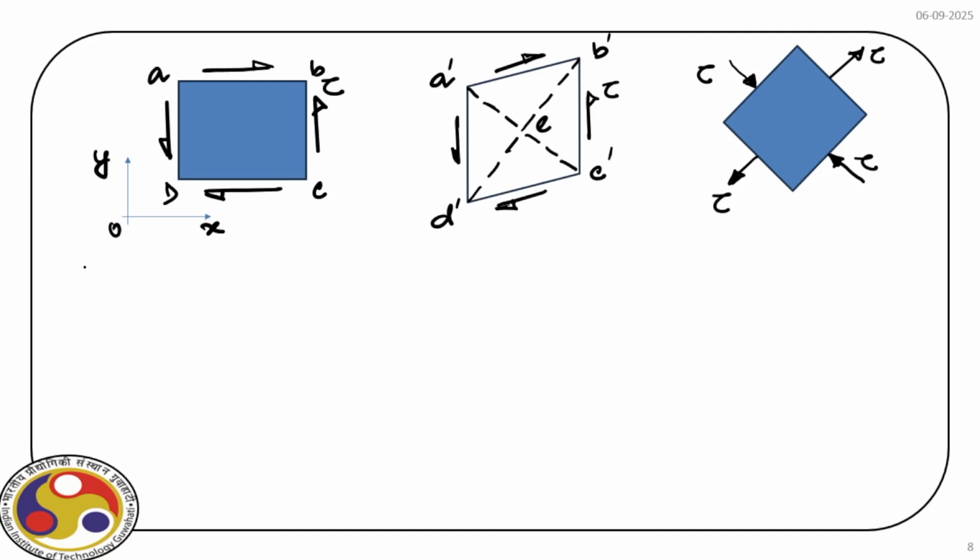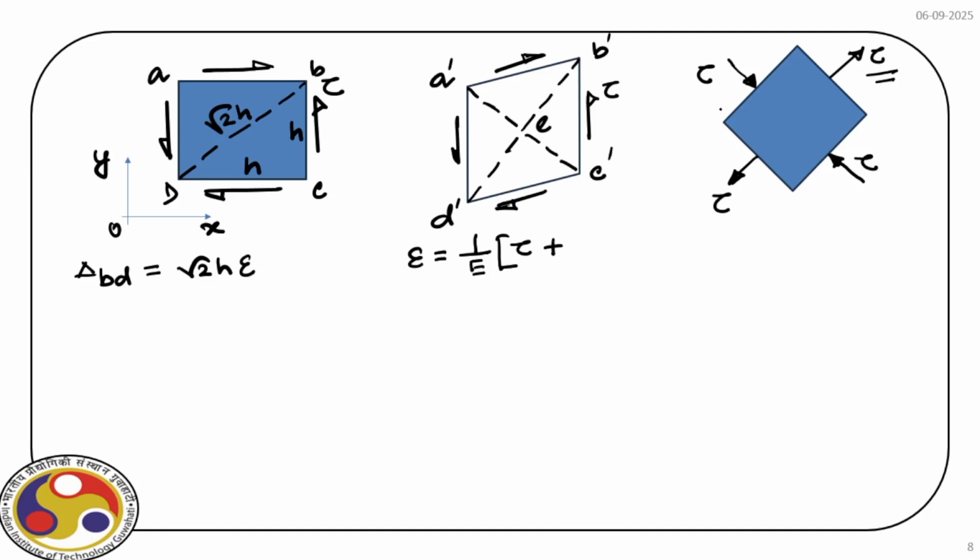So the elongation of the diagonal, say BD, is equal to, at the beginning, if this edge is H and H, so we have root 2 H. So the increment over this length is the original length, which is root 2 times H times epsilon, and epsilon we can quantify, which is 1 by E times tau, that is the sigma here, plus, because we have a negative tau, nu times tau, right?